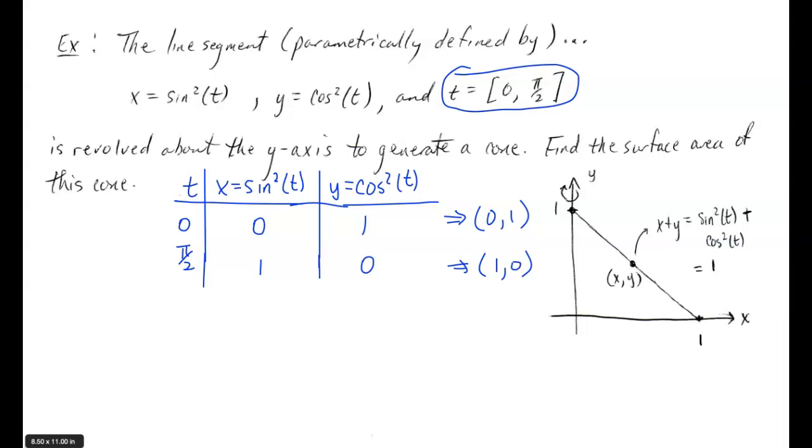So at this point, we see that if we're looking at our graph, and I'm going to write this two different ways, if we're looking at our graph in terms of x and y, so we ignore all the t stuff and we just say x, y, then of course we have the points (0, 1) and (1, 0). And that looks linear to us. Now note that if we think about everything in terms of t, then t is an angle.